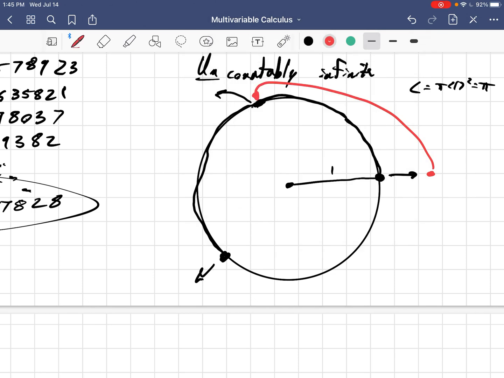But then this point here that I threw out, I'm going to move it and put it in place of the point right here that I just threw out. And then I'm going to move another unit distance along the circumference of this circle, right? And I'm not going to end up at the same point because I've now moved 3 units, but the circumference is about 3.14 units. And I'm going to take this point and throw it out.